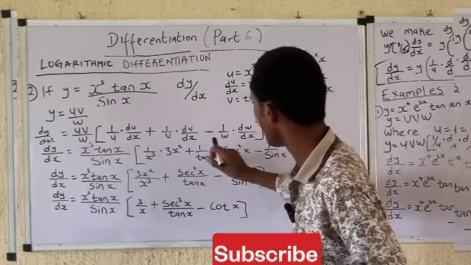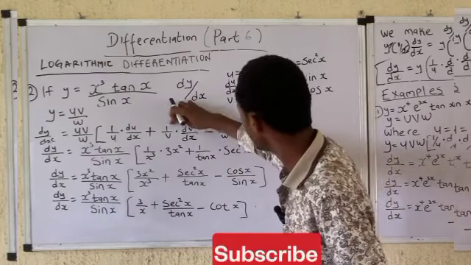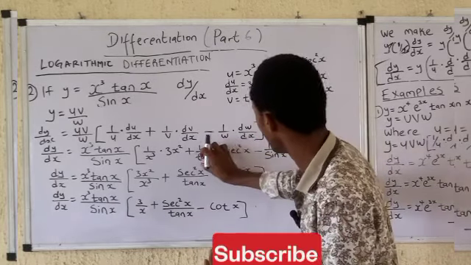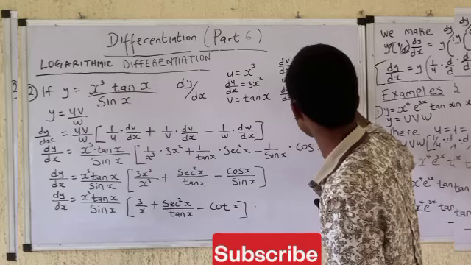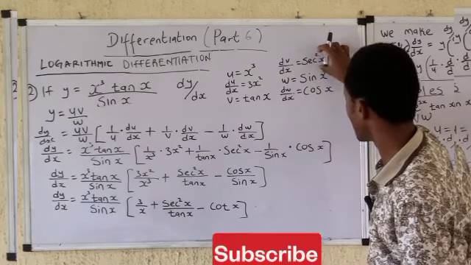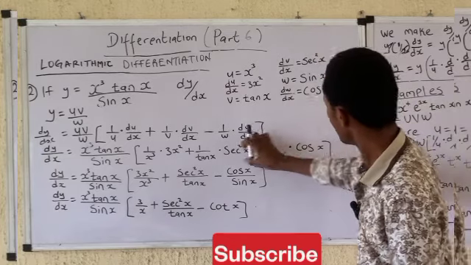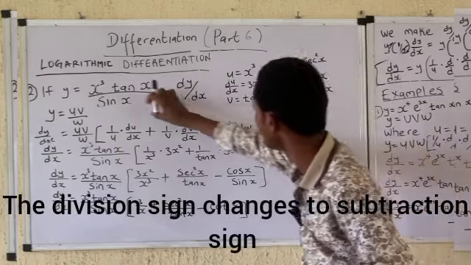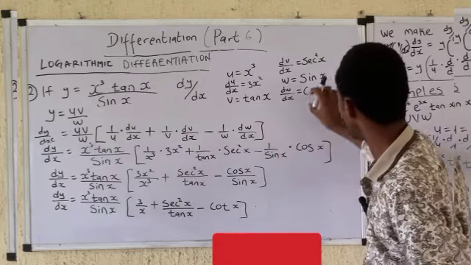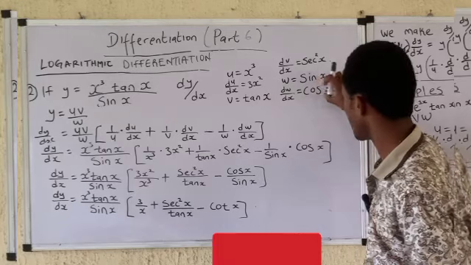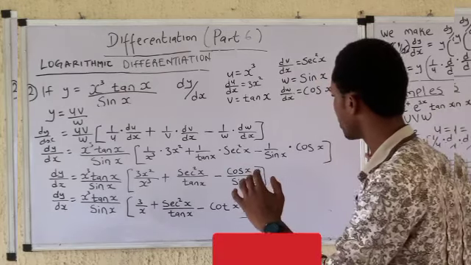Now plus 1 all over v. Our v is tan x, times the differential form of v, which is our dv dx, equals sec square x, minus 1 all over w. Our w here is our sin x. Now the differential form of w dx is cos x, bracket close.